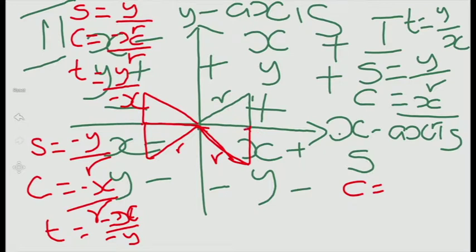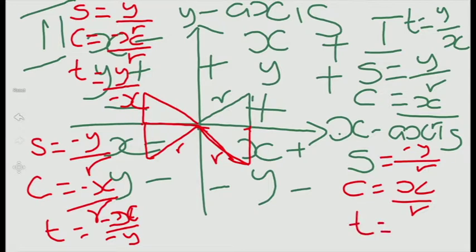The adjacent is our change in x. Change in x here is positive. So we have positive x over r, which means that our cosine is positive. We look at our sine. Sine is opposite over hypotenuse. Opposite here is change in y. Change in y below the x-axis is negative. So we have negative y over r. So the sign here is negative.